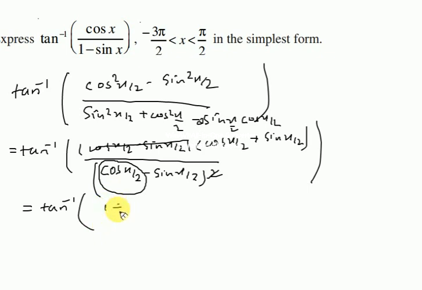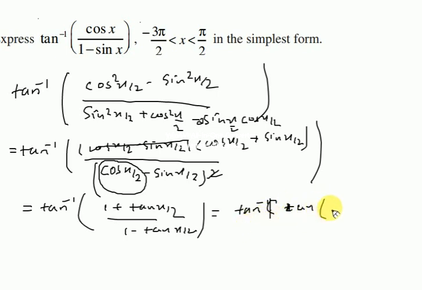Then it is 1 plus tan x by 2 divided by 1 minus tan x by 2, which is equal to tan inverse of tan of pi by 4 plus x by 2. Therefore, tan inverse and tan get cancelled. We get pi by 4 plus x by 2.